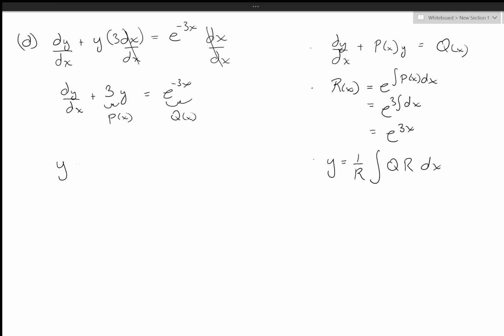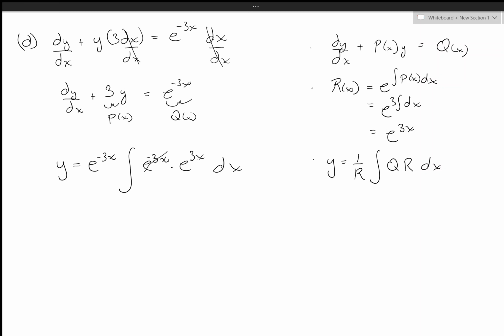So y is equal to 1 over e to the 3x, which is e to the negative 3x. Q is e to the negative 3x, and r is e to the 3x dx.